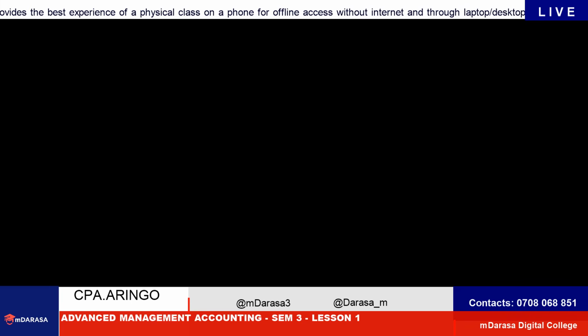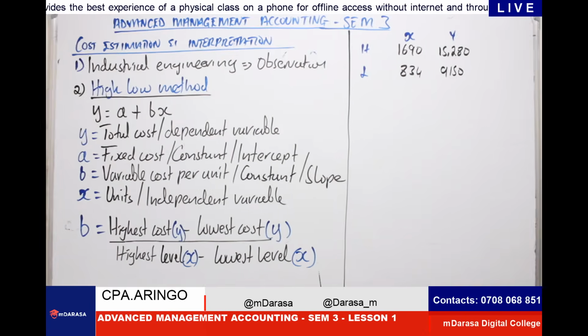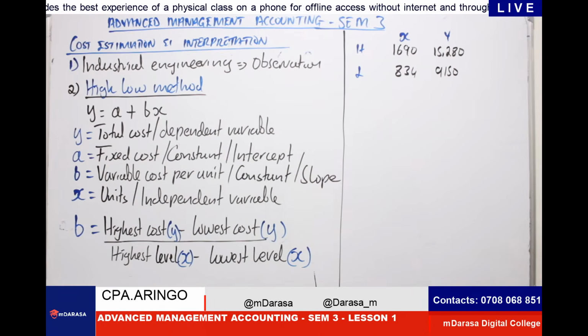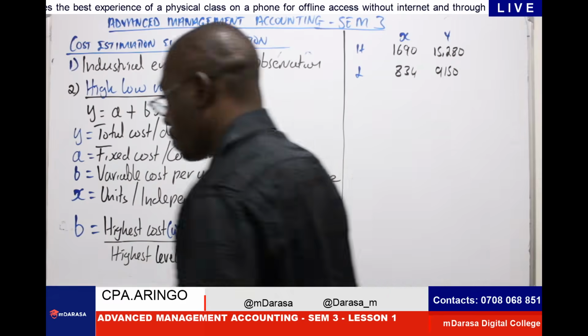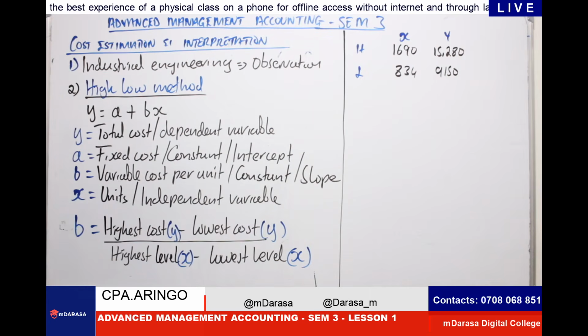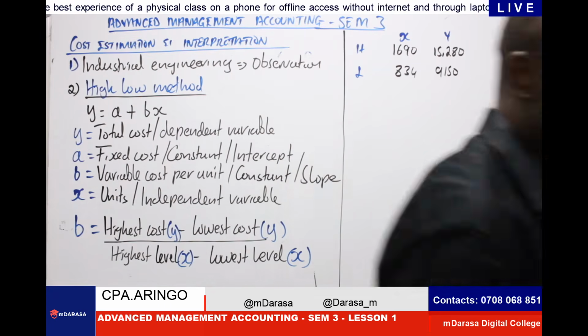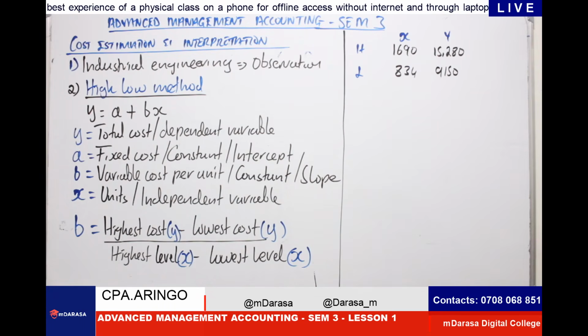Just a moment, let me share my screen. Okay. So this is what we need to do. Our main focus is to come up with this cost predictor equation in the form of y is equal to a plus bx. But what Mwalimu has guided us is that before that, I need to establish the value of b.